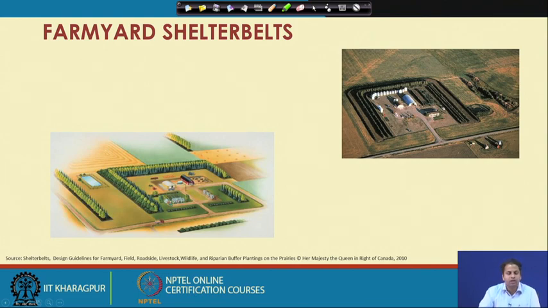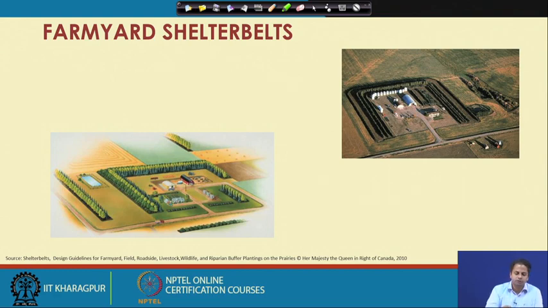Now, we will see the different types of shelter belts. First is the farmyard shelter belt, which is generally used to protect farm structures, maybe temporary or permanent structures or a combination of different things.